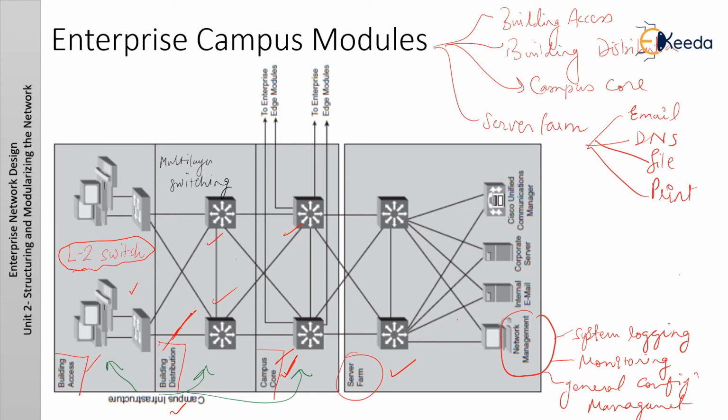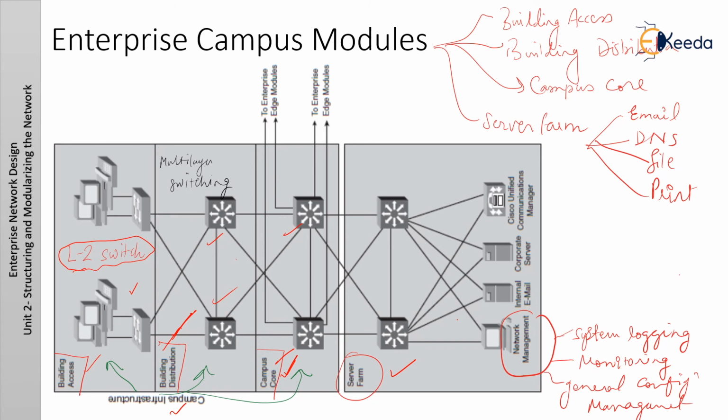Here you can see the campus core layer of the campus infrastructure module provides redundant and fast converging connectivity between buildings and with the server farm and the enterprise edge module. It routes and switches traffic as quickly as possible from one module to another. This module usually uses multi-layer switches for high throughput function with added routing, quality of services, and security features.